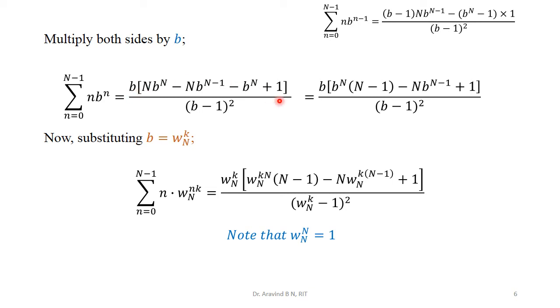Taking this further, we have further simplification. Take a few things as a common factor. See, b to the power of N is there, b to the power of N is there. We take that as a common factor. We remain with N minus 1, that is written here, and two other parameters are written as they are. The denominator we are not going to touch.